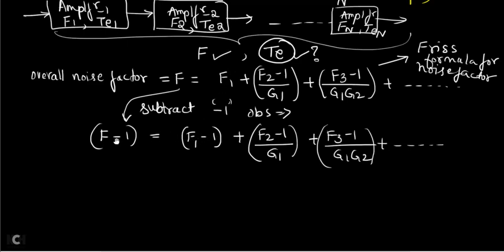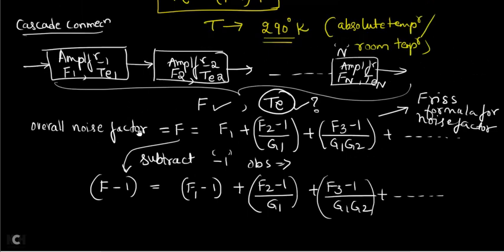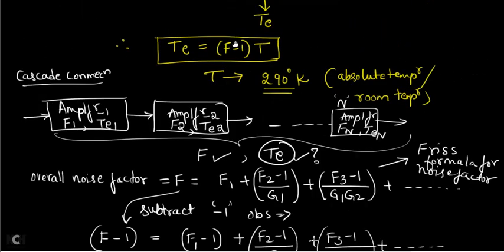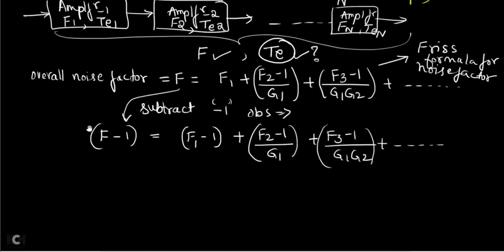Now what is F minus 1? See the above expression. If you cross multiply, send this T to the denominator, F minus 1 will be TE divided by capital T. So I will substitute that here. F minus 1 is TE divided by capital T, because F is the overall noise factor of all the amplifiers connected in cascade.